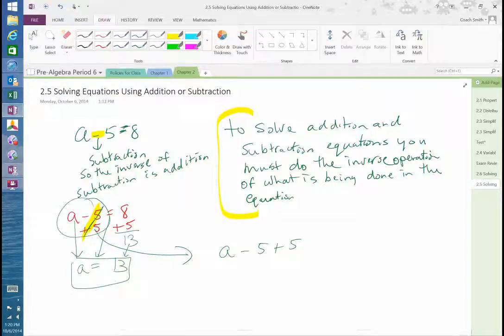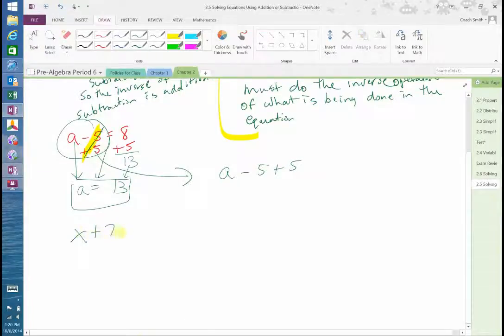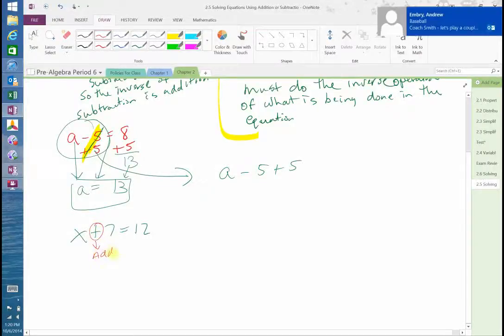Now, that's a very simplistic example. There's no negatives in it, just simple mathematics. Let's look at another one that has addition in it. Let's go x plus 7 equals 12. We're adding, so we have to do the inverse of adding, which is to subtract.